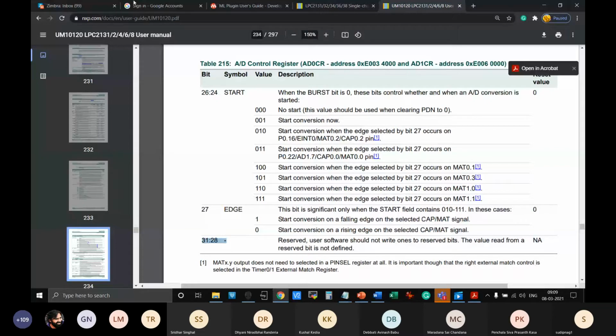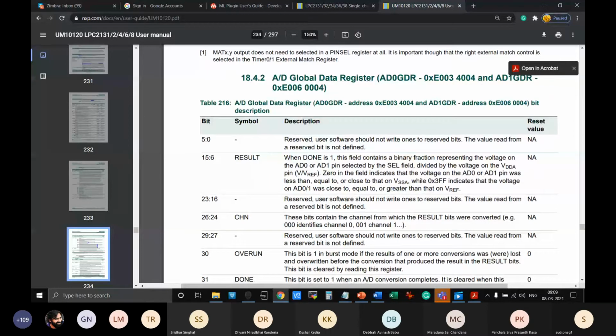Similarly you can go to all the other registers one by one, like the global data register. The done bit indicates which ADC has finished its conversion. So it is basically a done kind of conversion signal, or traditionally speaking, people used to call it end of conversion.